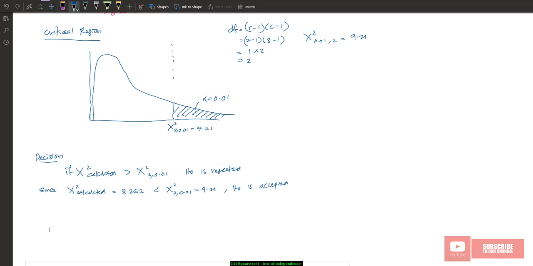So remember, this part is our rejection region, and this is the acceptance region, right? So 8.252 is somewhere here, right?